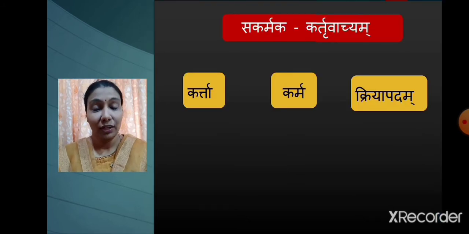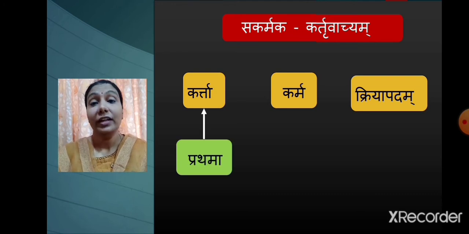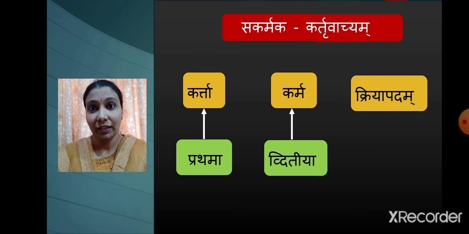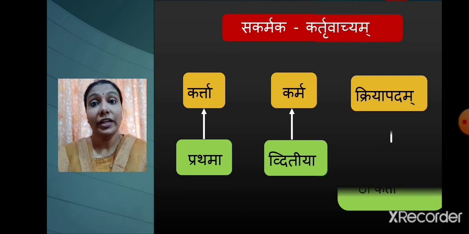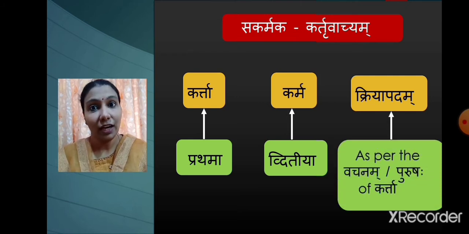Now we know that in Sakarmak Kartruvacham, Karta is used in Prathama Vibhaktihi, Karma is used in Dvitiya Vibhaktihi, and Kriyapadam agrees with the subject, that is Karta, in Vachanam and Purushaha.